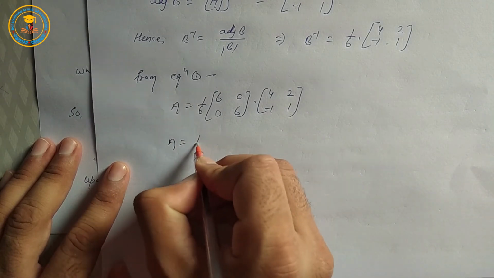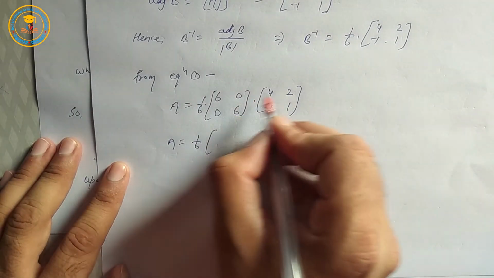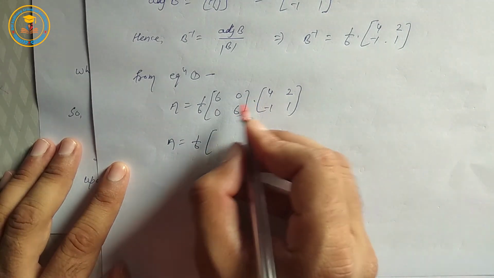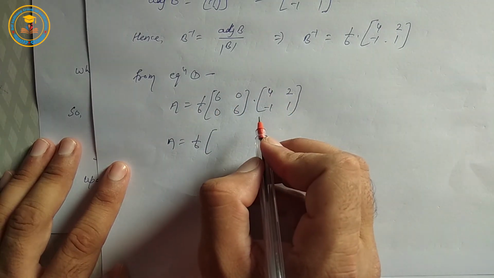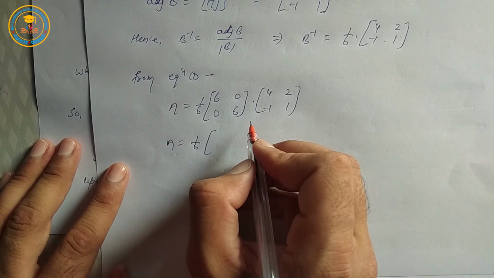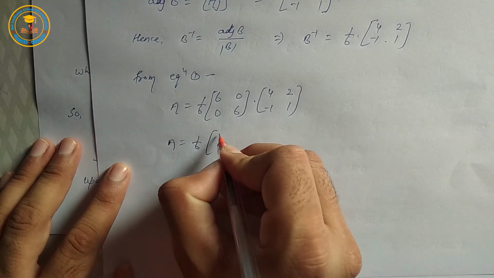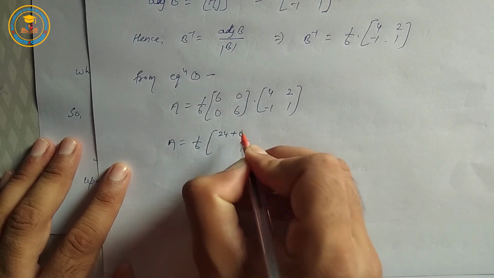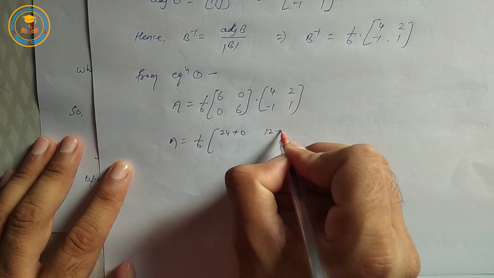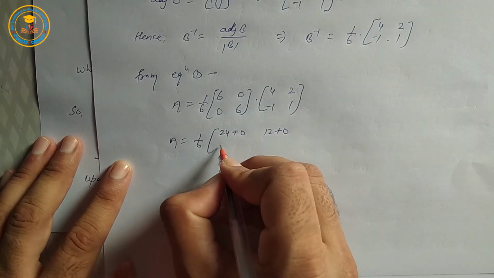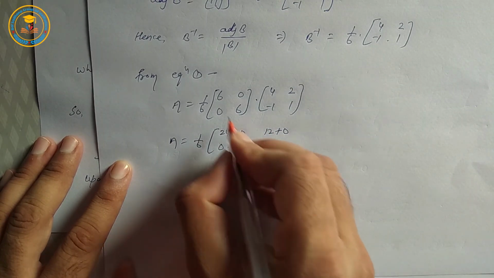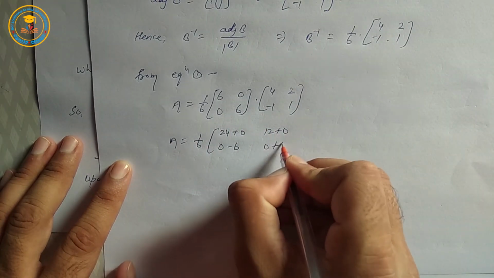Matrix A is equal to 1 by 6 into, first row first column, 6 into 4, 24 plus 0, 12 plus 0, 0 minus 6, 0 plus 6.